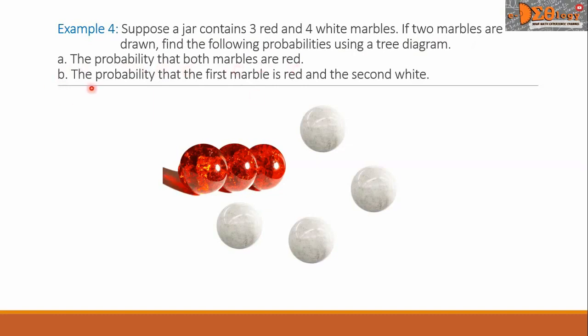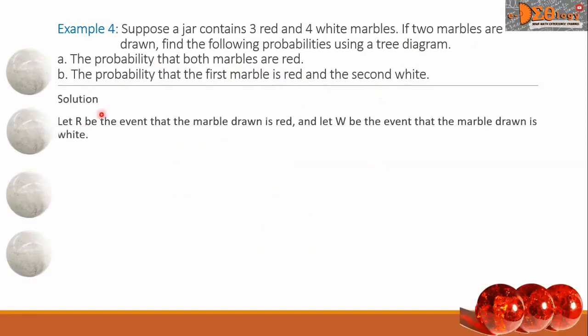Letter B, the probability that the first marble is red and the second is white. For our solution, let R be the event that the marble drawn is red, and let W be the event that the marble drawn is white.